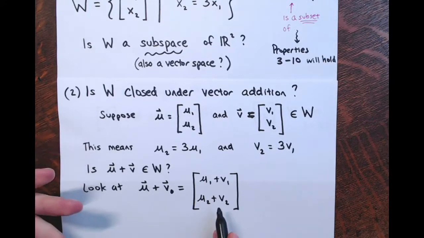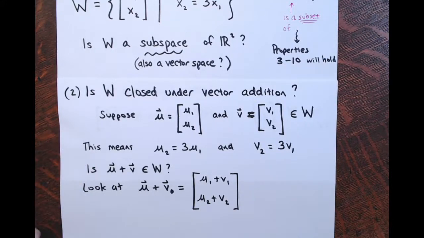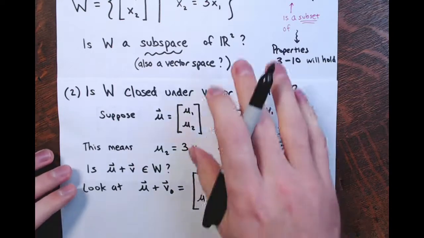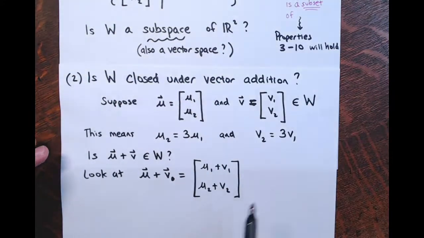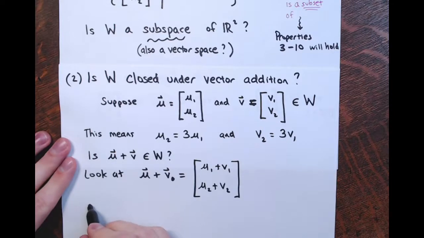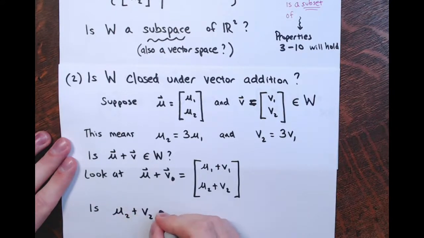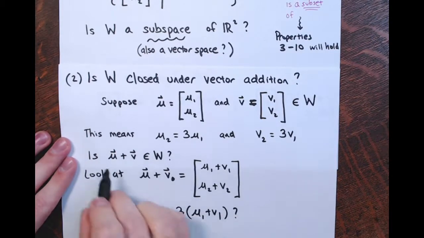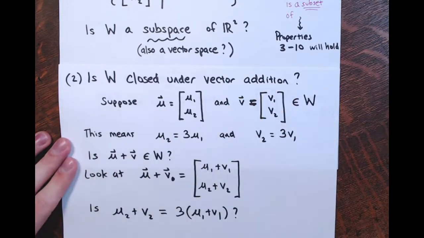Now, is this going to be in W? The only way it's going to be in W is if U2 plus V2 is equal to 3 times the quantity U1 plus V1. So this question and this question and this question are all answering the same thing.